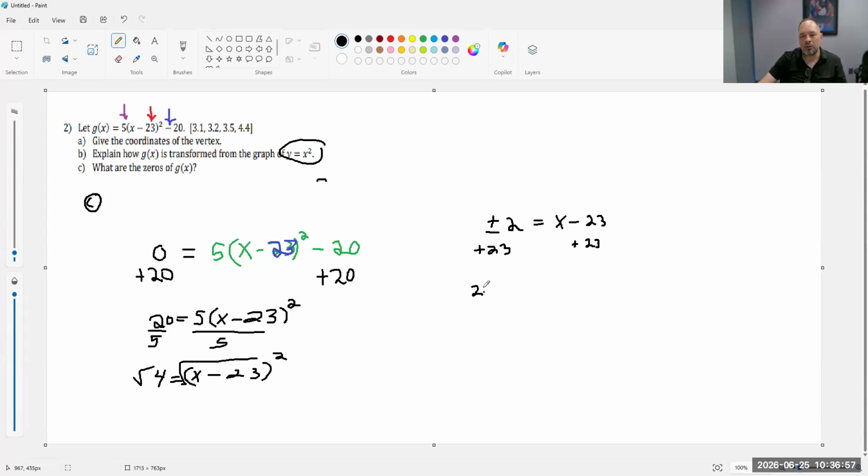So it's 23 plus and minus 2 equals x. So my two possible answers are 25 and 21. Those are my two zeros, and now we've covered every part of this problem.